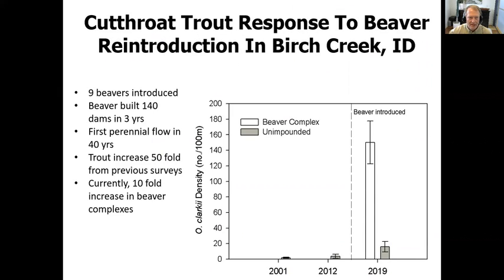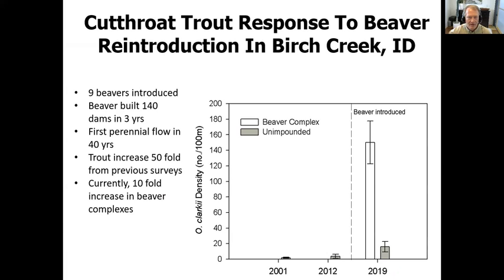Another example, that's cutthroat fish. This is in Birch Creek, Idaho. In this project, we reintroduced 9 beaver, and over the course of 3 years, they built 140 dams and just transformed the riverscape. So this is the first time in 40 years there's been perennial flow throughout the system.